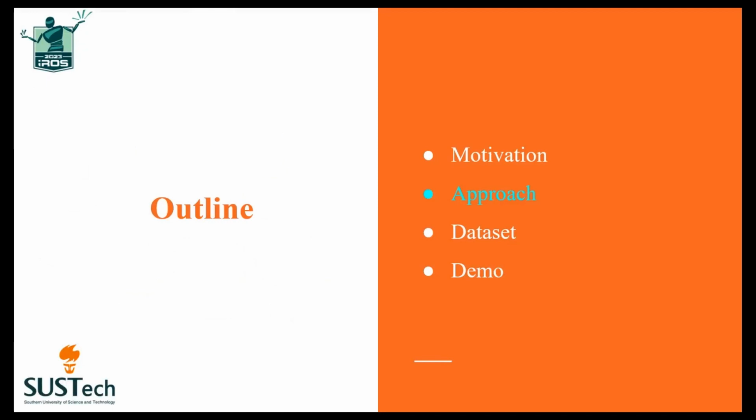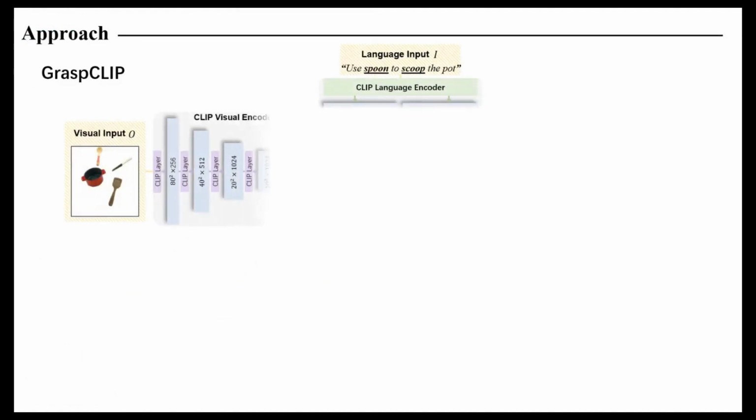Next, we delineate our proposed methodology. After perceiving the environment, GrassClip receives two types of inputs, a visual scene observation and a natural language instruction. We utilize two CLIP pretrained encoders to encode multimodal inputs into a joint representation space, which enables cross-modal reasoning and semantic understanding.